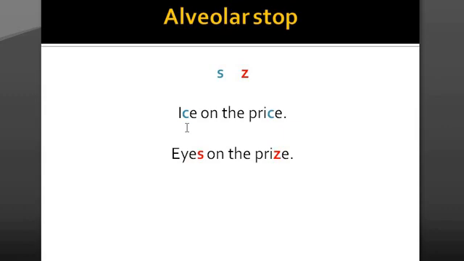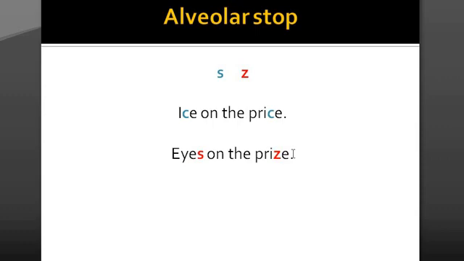Question, this sentence, ice on the price, what does that mean? What do you think? Okay, actually it's a trick question. Ice on the price, it doesn't mean anything. But this is an example about why it's important to think about how to pronounce each consonant, especially when we talk about S and Z. If you use the wrong consonant, it becomes a different word.